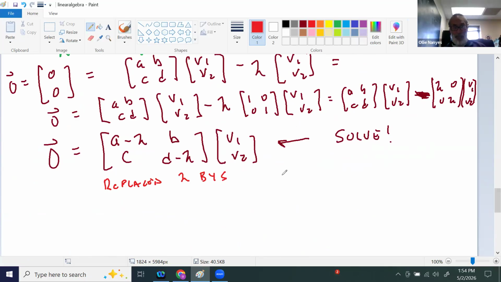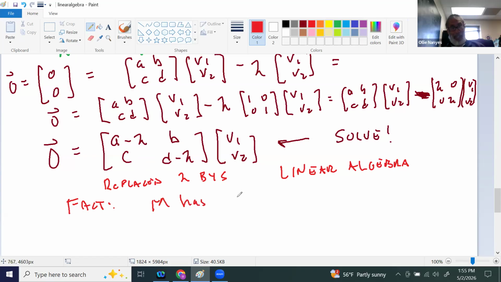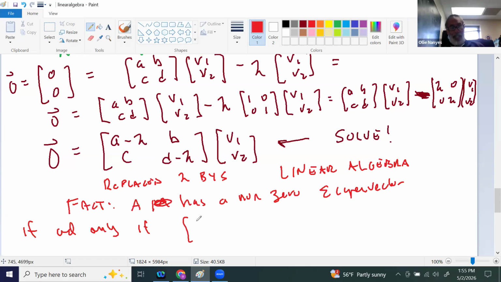And a fact from linear algebra is that the matrix A has a non-zero eigenvector if and only if the matrix A minus lambda, B, C, D minus lambda, has determinant 0. In other words, it's singular.